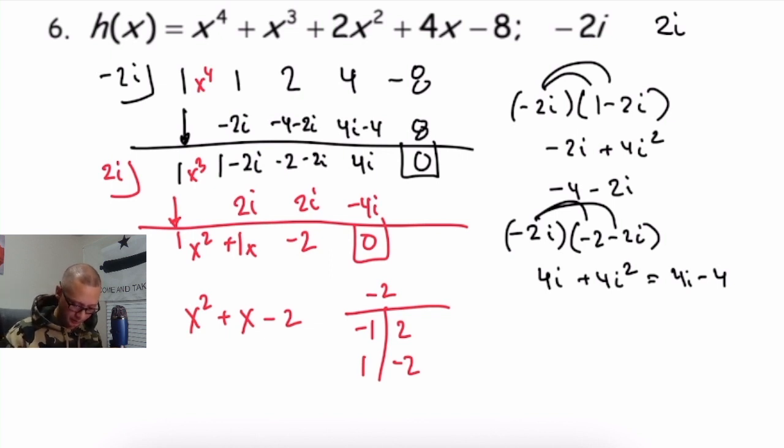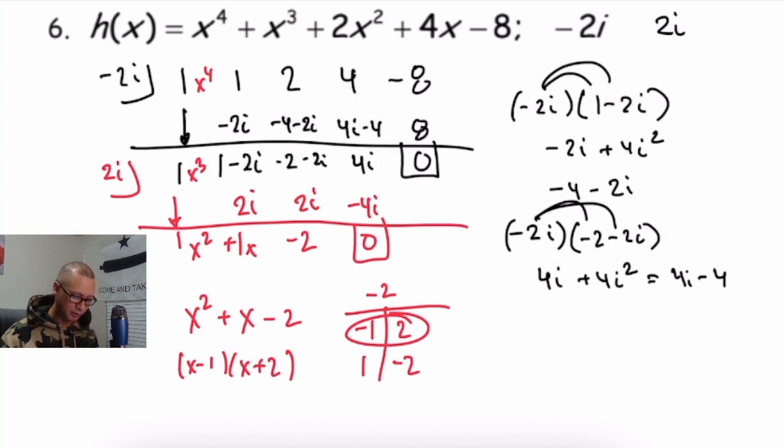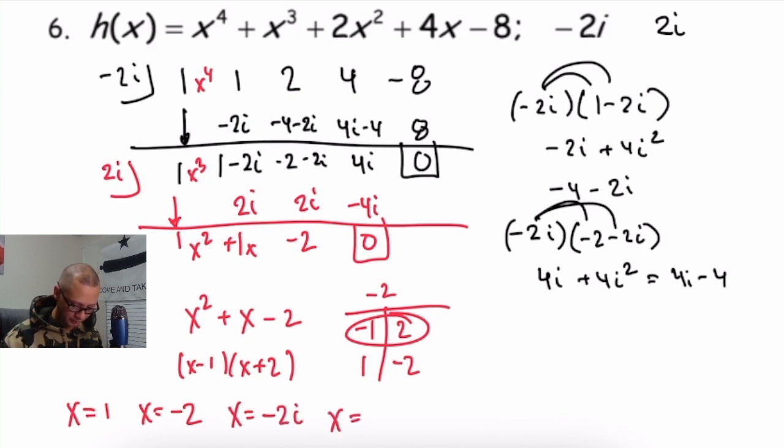So it's going to be the first one. All right, so this is x minus 1, x plus 2. So the roots are going to be the opposite of these factors. x equals positive 1, x equals negative 2, x equals negative 2i, x equals 2i. That wasn't that bad.